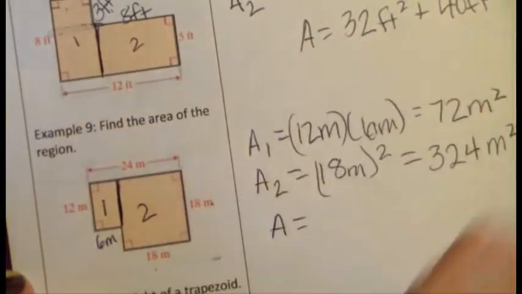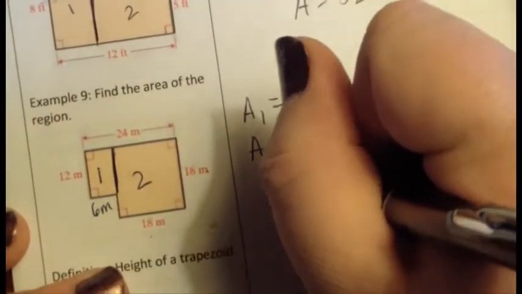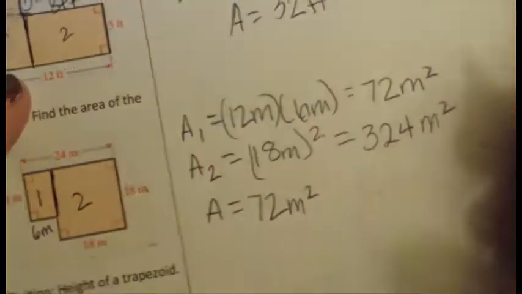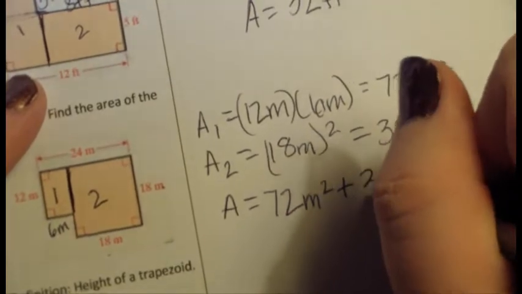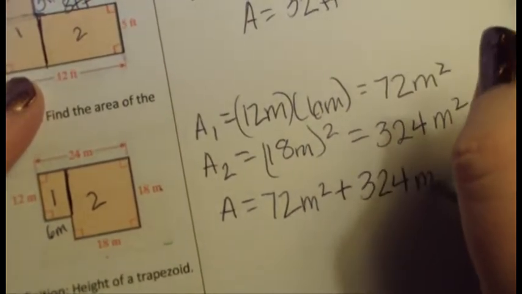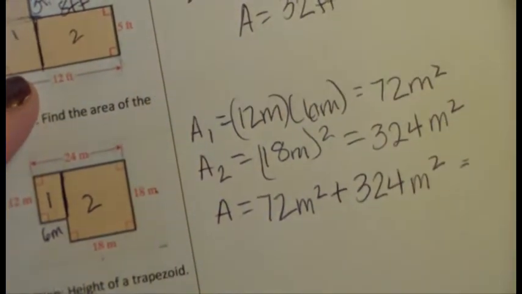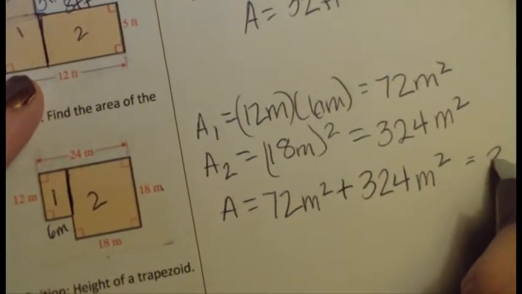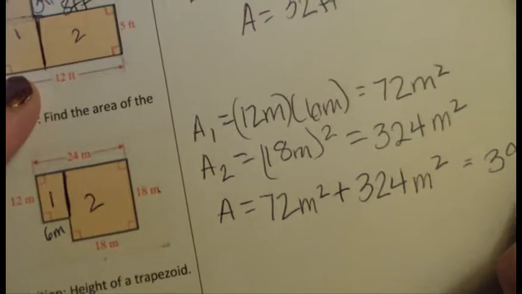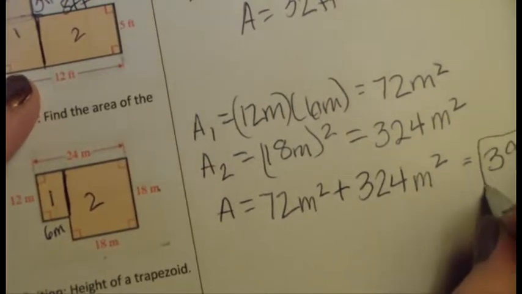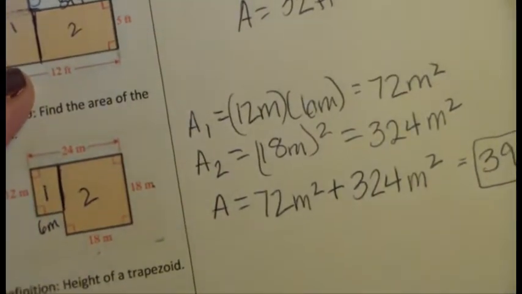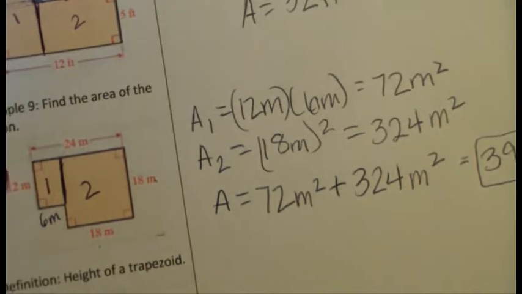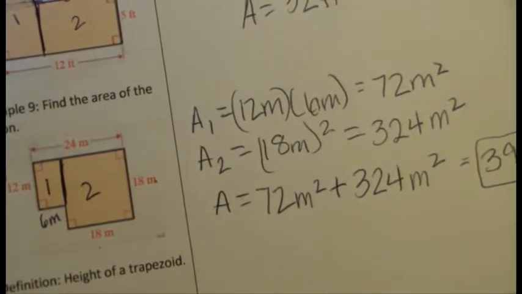So the area of the entire figure, 72 meters squared, plus 324 meters squared, which is, let's see, 396 meters squared. So that's the area of our entire irregular figure.